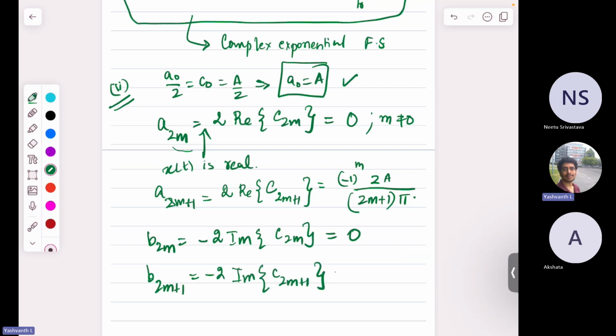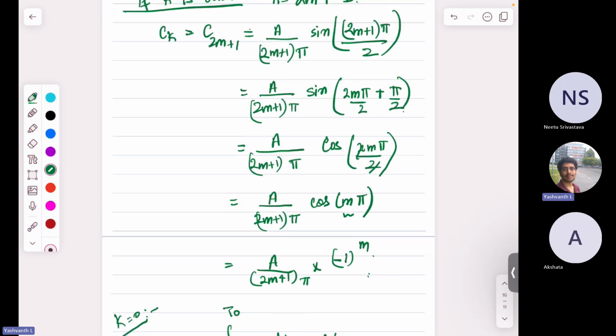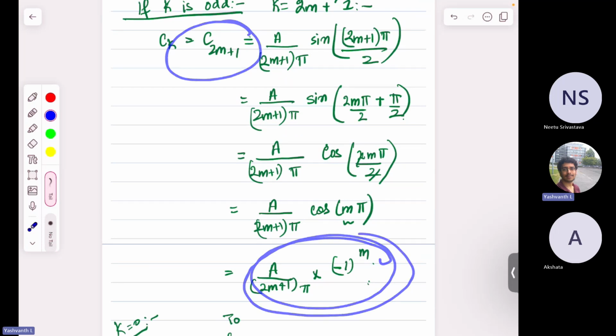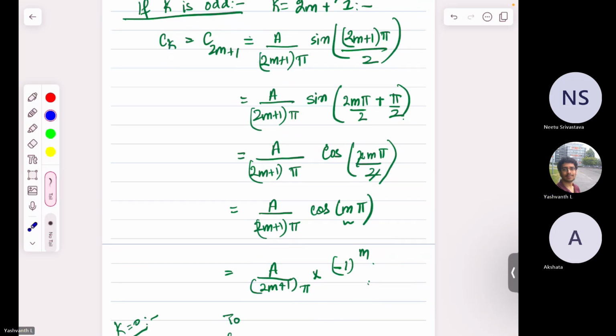What is the value of this? See, what is C2m plus 1? This is basically equal to this number. What is the imaginary part of this number? Yes, can anyone tell me?